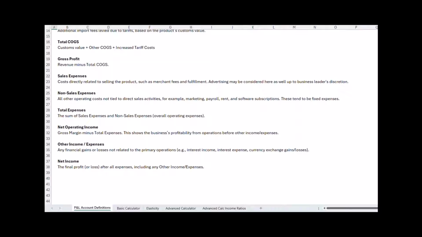Your net operating income is your gross margin minus your total expenses. And then your other income and expenses is where you're going to put your financial gains or losses. So think interest income, interest expenses, etc. And then finally, your net income will be your final profit or loss after all your expenses.